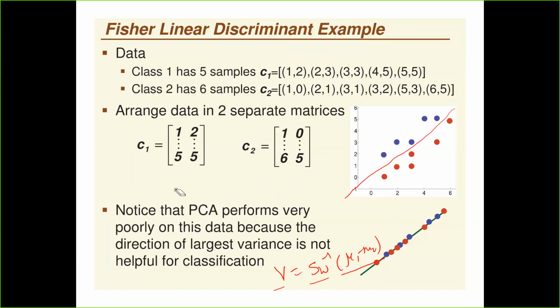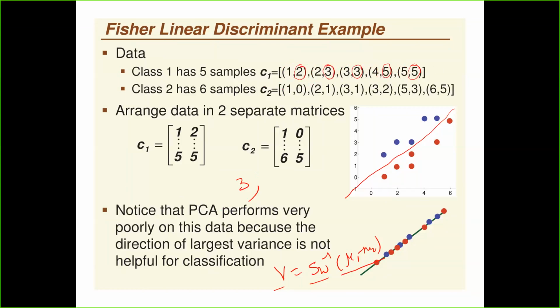Mean of class 1. What is the mean of class 1? 1 plus 2 plus 3 plus 4 plus 5 divided by 5. Isn't it 3? Correct me if I am wrong. That is 15, and 15 divided by 5 is 3. Yes. Then 2 plus 3 plus 3 plus 5 plus 5.